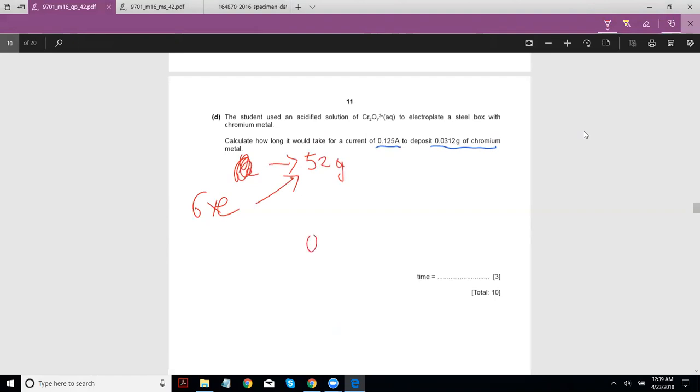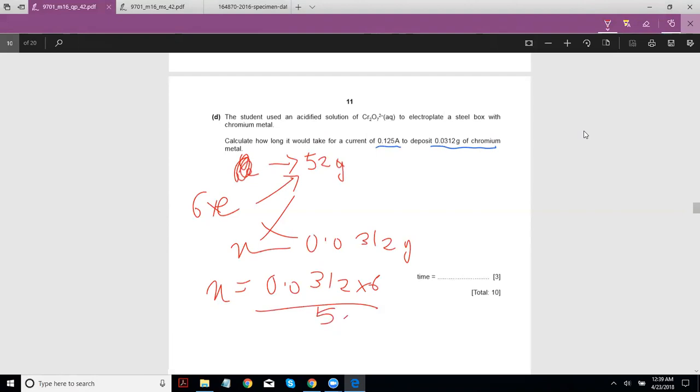If you want only 0.0312 grams of chromium, you would need X moles of electrons. So you just cross multiply. X moles of electrons would be 0.0312 into 6 upon 52. Correct me if I do anything wrong.